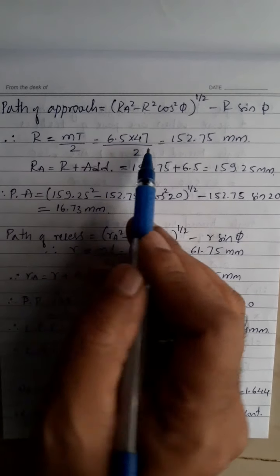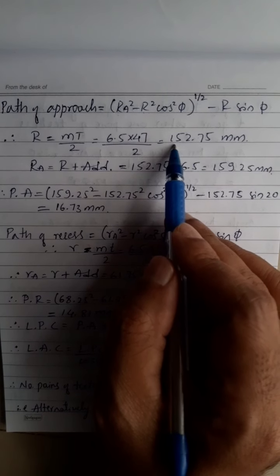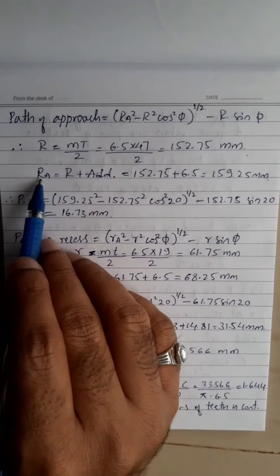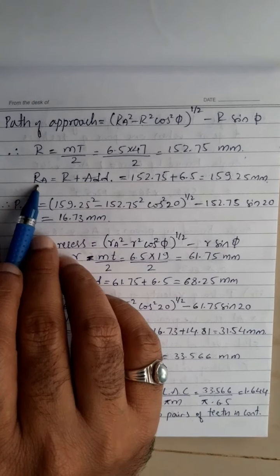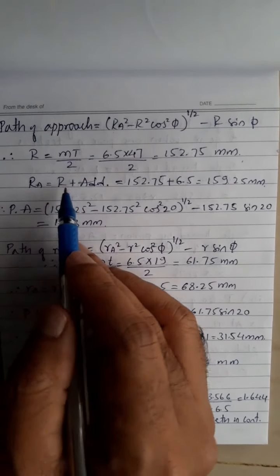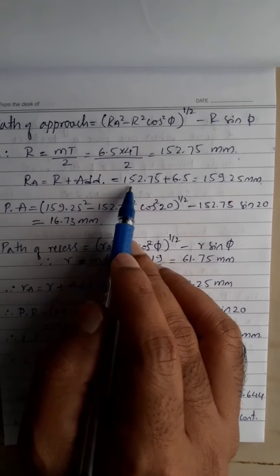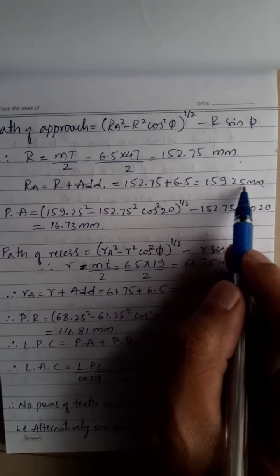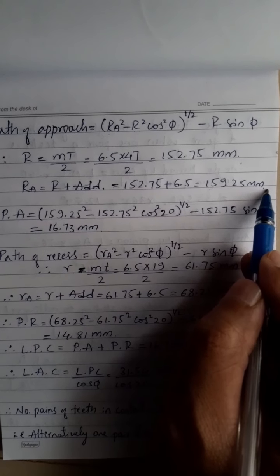Substituting the values, we get capital R as 152.75 mm, and the radius of the addendum circle of the gear, RA, is pitch circle radius plus addendum, so we get 159.25 millimeter.